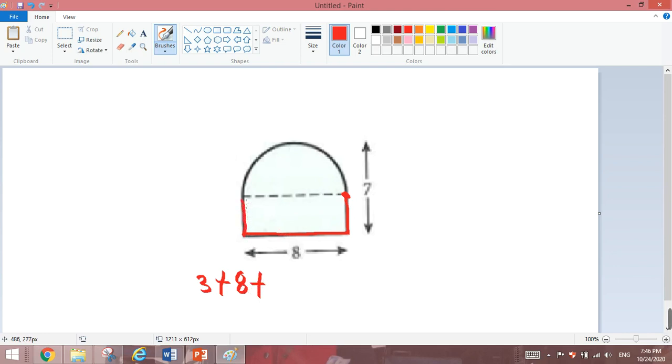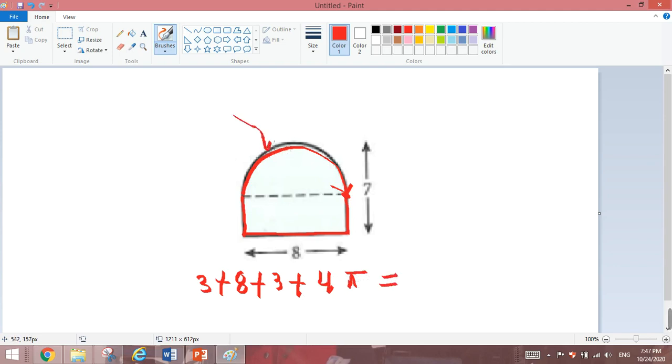And then you go up and the length of this side is 3, plus back to the starting point, and the length of this arc is 4 pi.